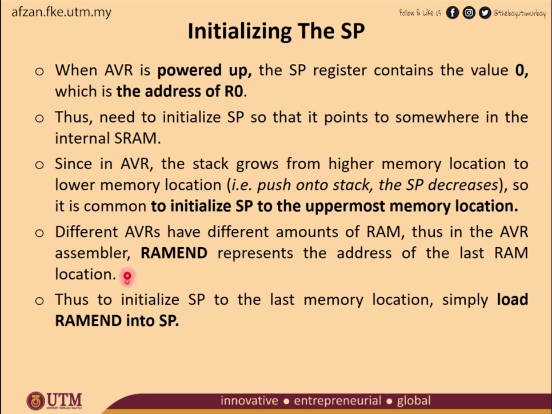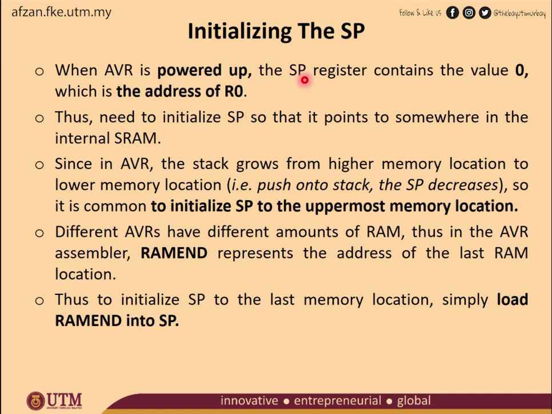So when the microcontroller is powered up, the stack pointer register contains the value 0, which is the address of R0. Recall, inside of your data memory, because your data memory is volatile memory, every time you switch off and power up your microprocessor again, all the values inside of that data memory will be 0.